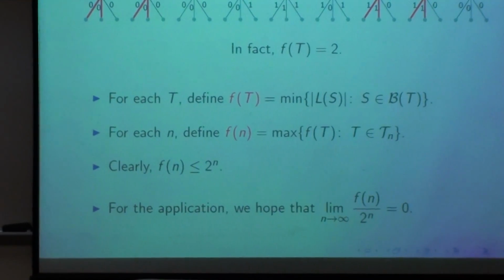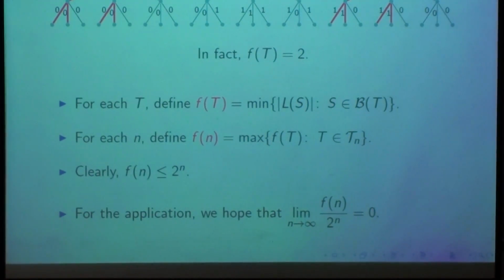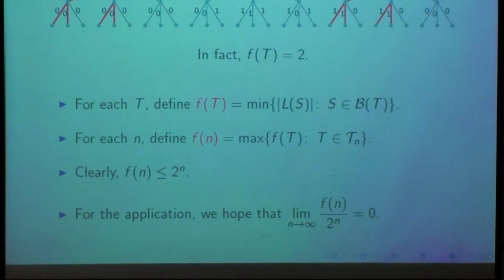In particular, we hope that as long as n is growing, no matter what kind of ternary tree you're given, no matter how the edges are labeled, you'll always be able to find some binary subtree, at least one, which has a vanishingly small fraction of the space of all 2 to the n possible bit streams occurring as path labels in that carefully selected binary subtree.